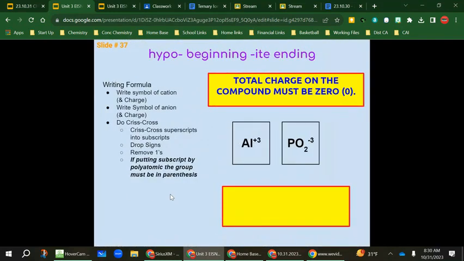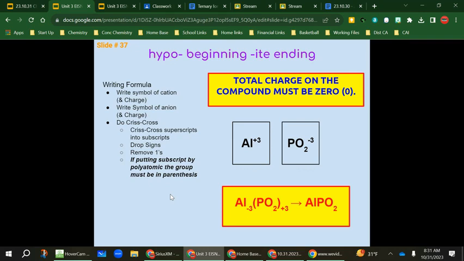All right. Aluminum, a +3. PO2, which is what? What is PO2? Hypophosphite. We're still going to do the crisscross. We end up with a -3 there and a +3 there. Now again, I hope you realize I'm going to drop the signs for sure here. I'm just showing you we brought this down by the aluminum.